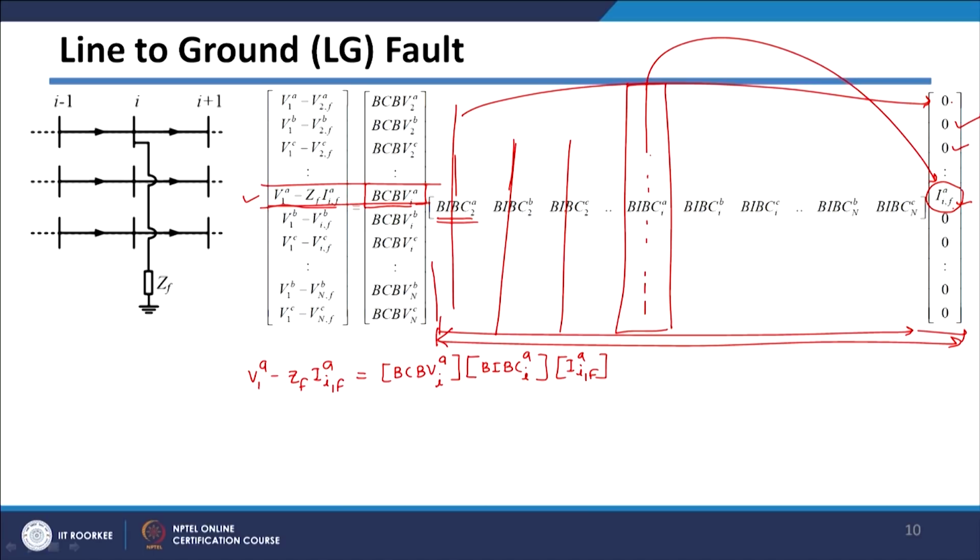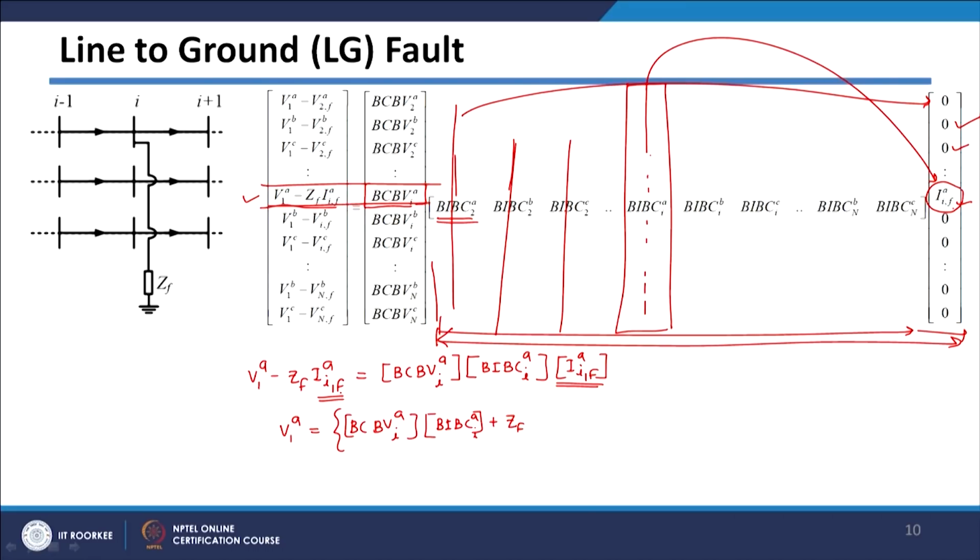Now if you see, this equation is in terms of fault current. Here we are getting this fault current, here also we are getting this fault current. If you simplify it, you can say V1A will be equal to BCBV, IA is one row, BIBC, IA this is one column, plus ZF.